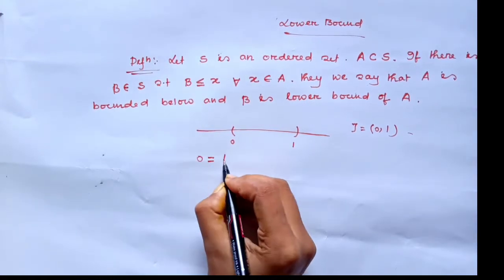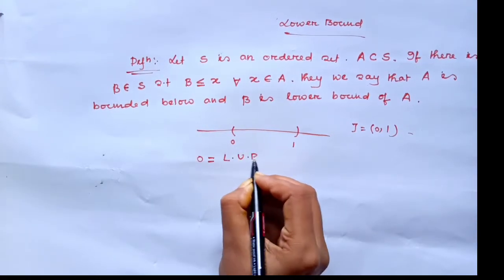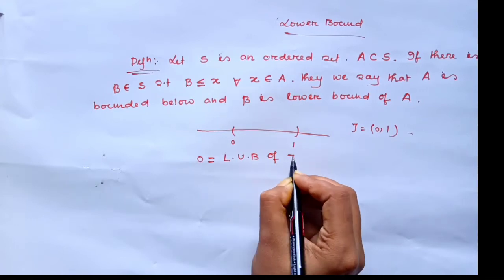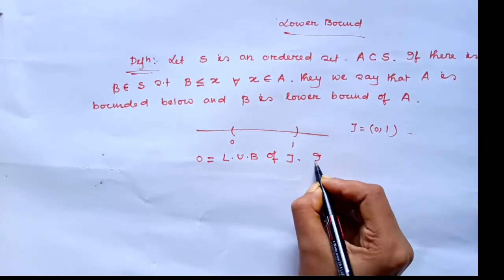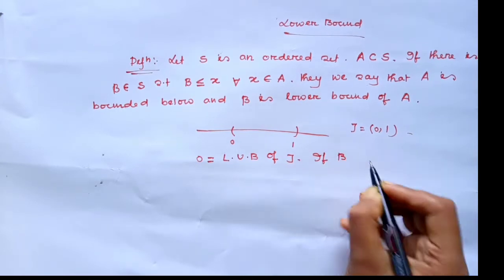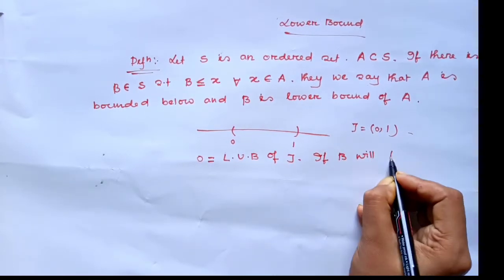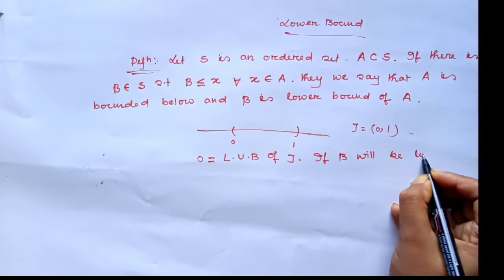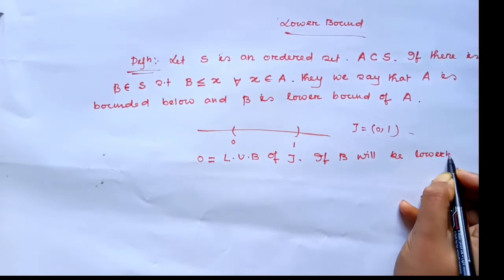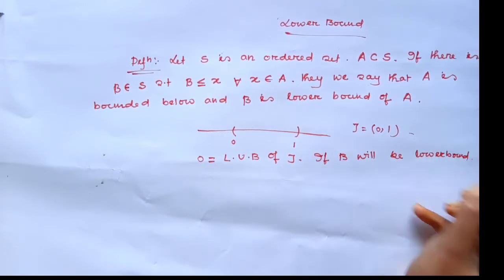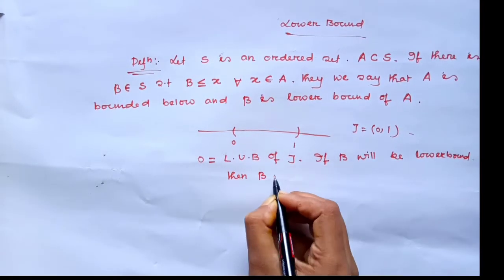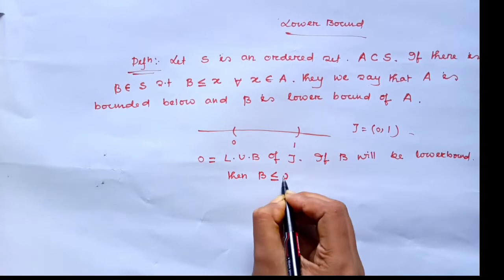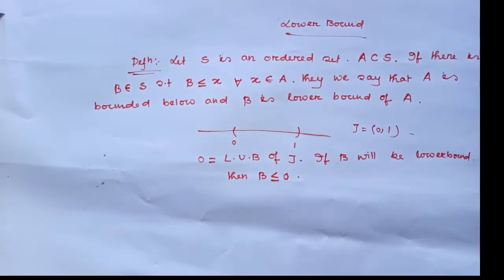If beta is a lower bound, then beta must be less than or equal to 0. Okay? Have you understood?